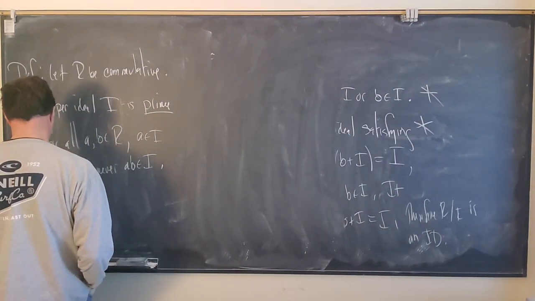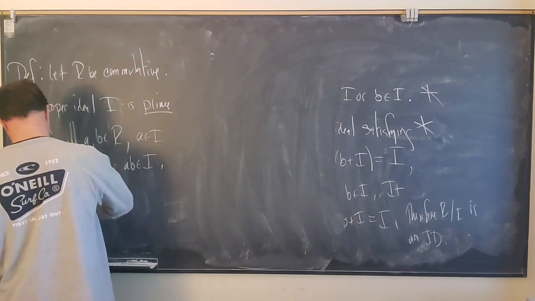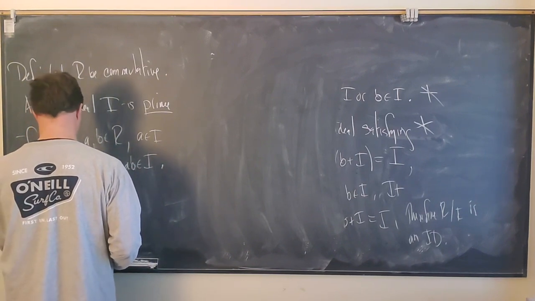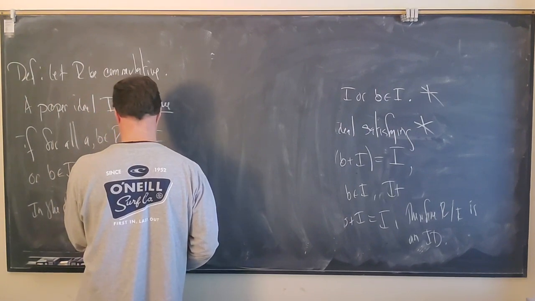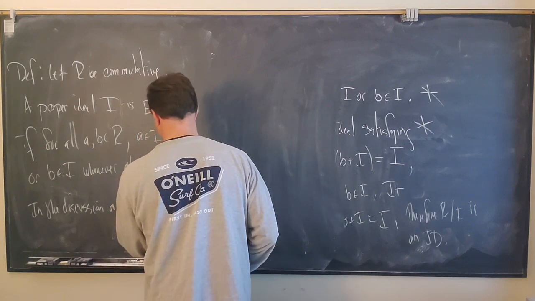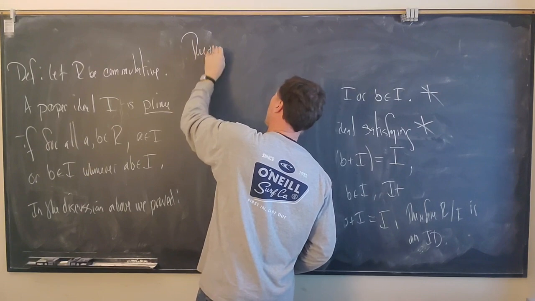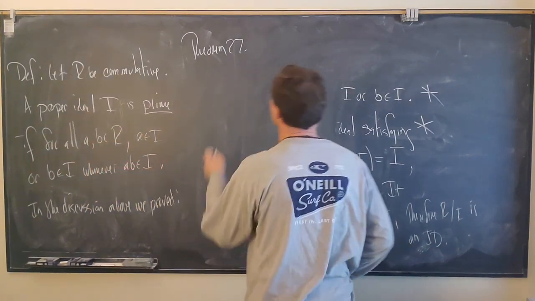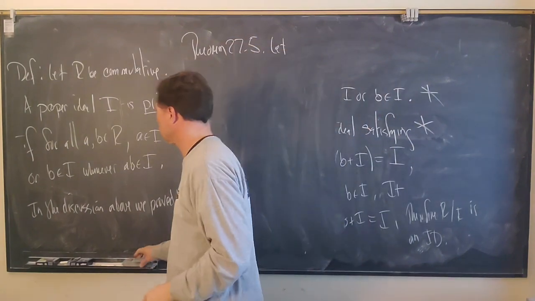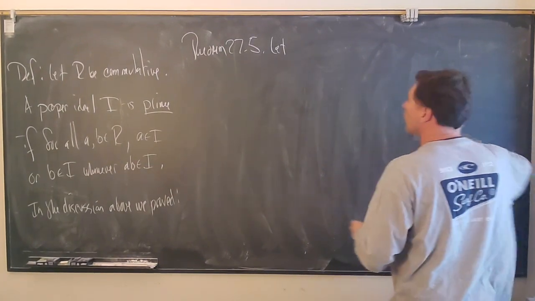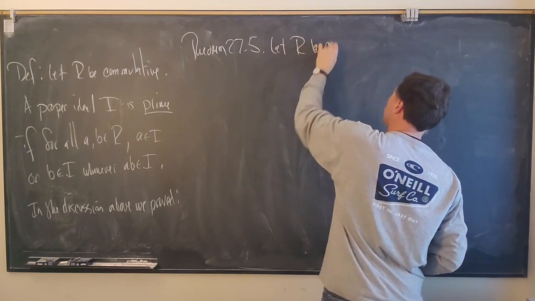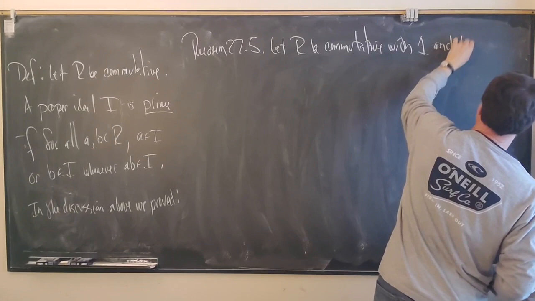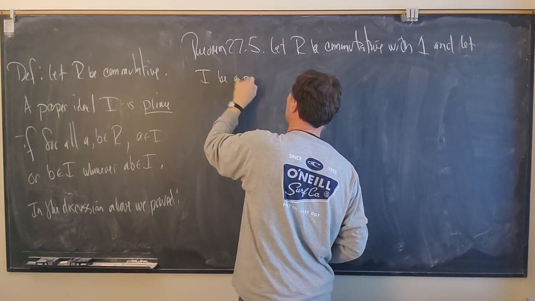So in the discussion above, we proved, and this is going to be Theorem 27.5, I think: let R be commutative with 1 and let I be a proper ideal.